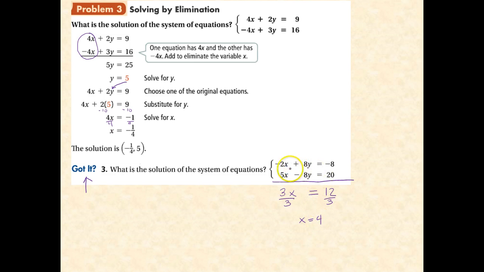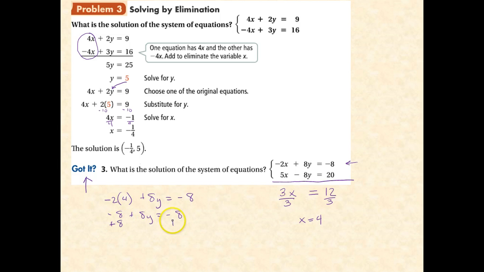I can plug a 4 into either one of these equations. I'm going to plug it into the top one because that's where our y has a positive coefficient. Negative 2 times x, which is 4, plus 8y equals negative 8. So that's negative 8 plus 8y equals negative 8.